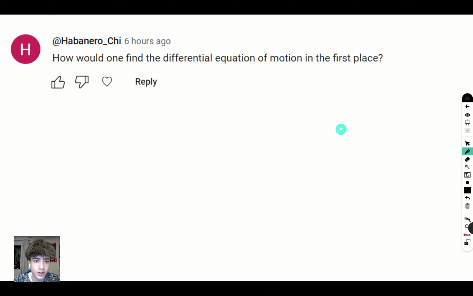So I'm going to be responding to this question from Habanero Chi, where the commenter asks, how would one find the differential equation of motion in the first place?